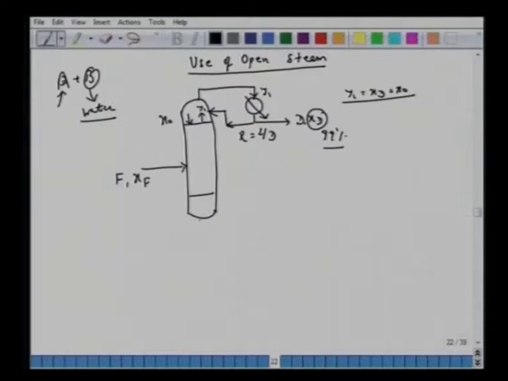Now the bottom product, the liquid which arrives from the bottom plate to this reboiler, typically will be rich in the other component B and very poor in A. So this liquid will be reboiled, part of this liquid will be sent back as vapor reflux, G bar, and here you have the bottom product W and XW. So this XW will be, let's say, 0.001 mole fraction. So it's very poor in A but rich in water.